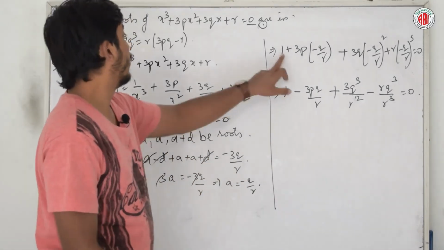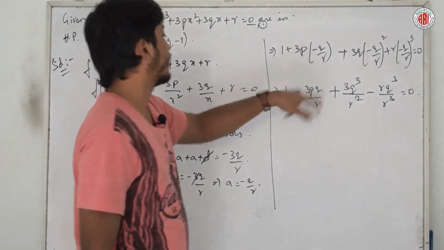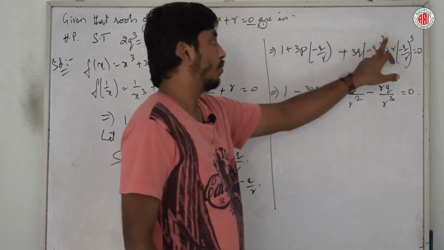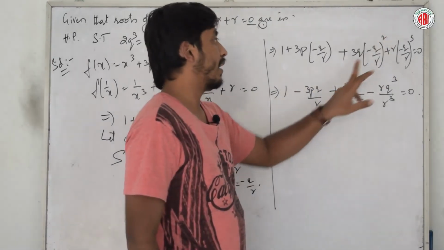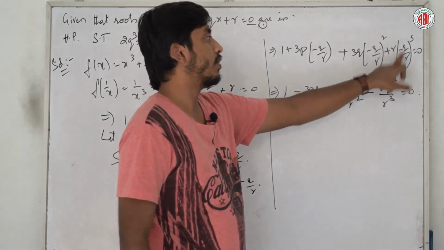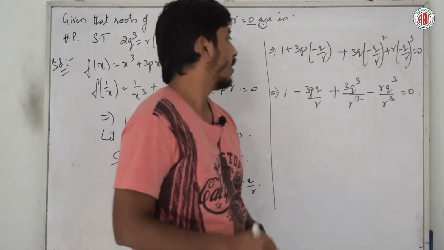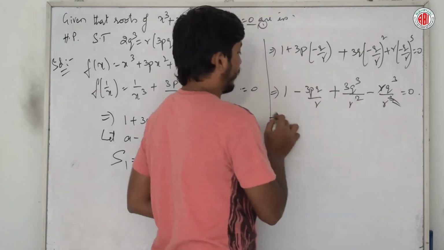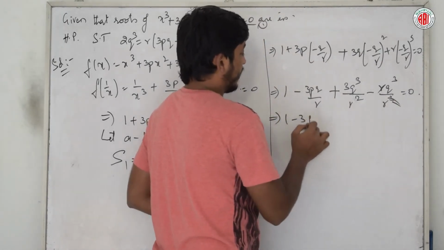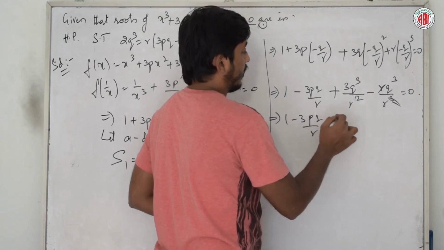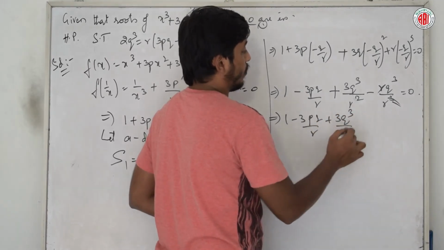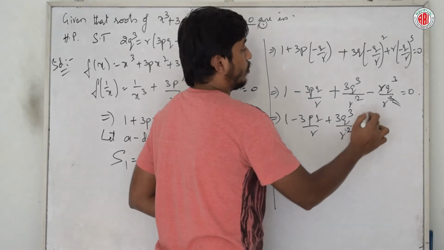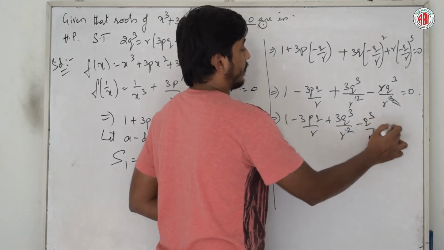Once again, 1 minus 3pq by r plus 3q cube by r square minus r q cube by r cube. If you observe here, 1 r will get cancelled. I will be left with 1 minus 3pq by r plus 3q cube by r square minus q cube by r square.